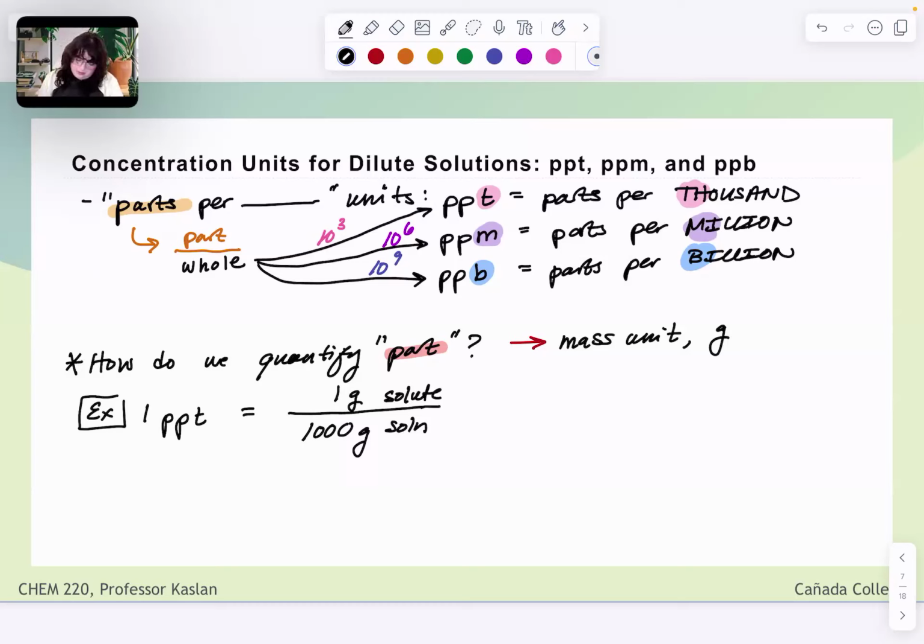Same thing with ppm, 1 ppm. If I were to hand you 1 million grams of solution, then one of those grams would be due to the presence of solute.